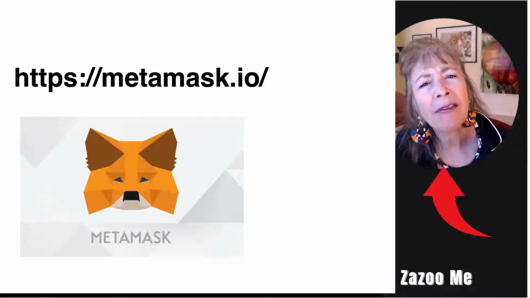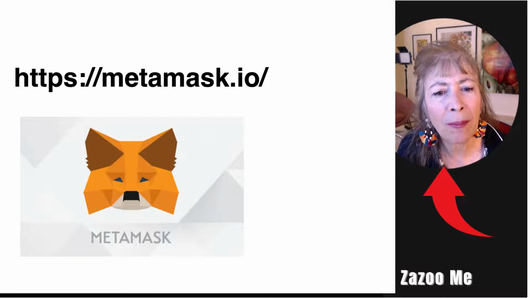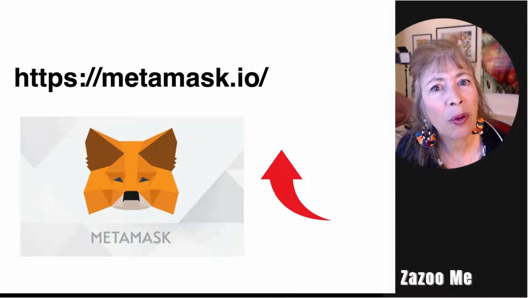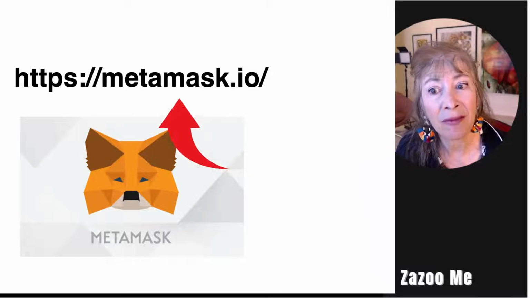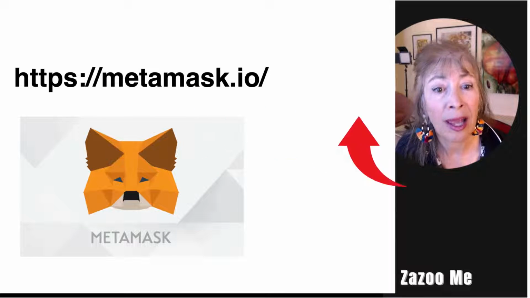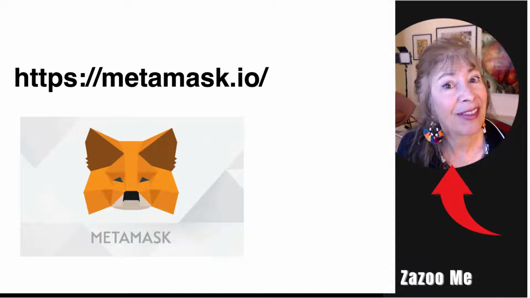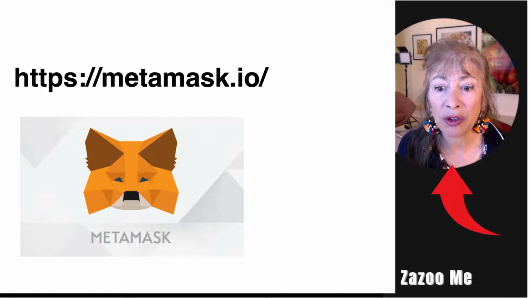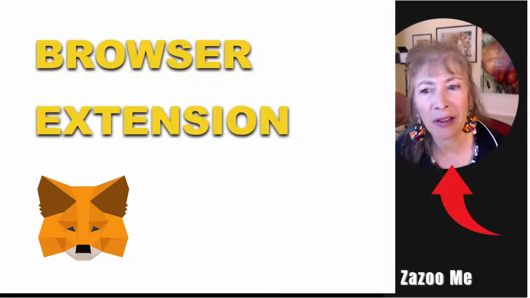And so there's a lot of stuff happening. So when you go to MetaMask, there are people who are trying to pretend that they're MetaMask even. So you want to be sure that you go to metamask.io. If it's anything else, that is not MetaMask, okay? So be sure you're in the right place. That's why I'm telling you all this.